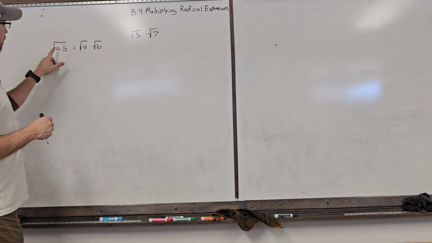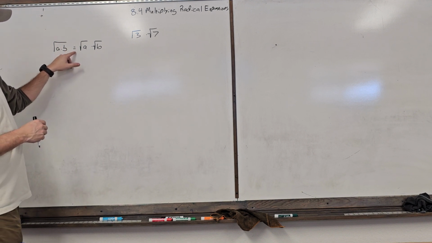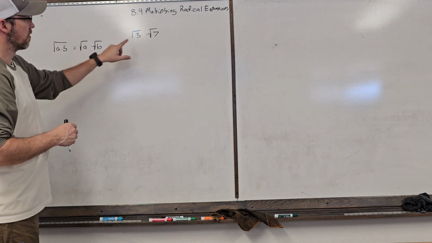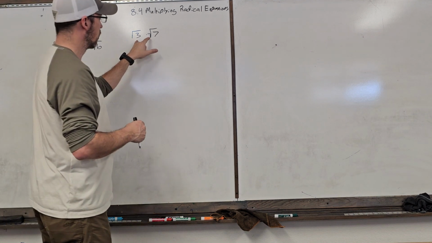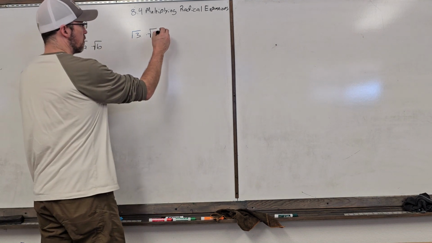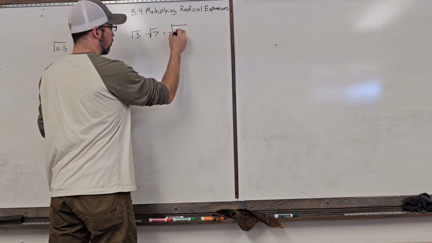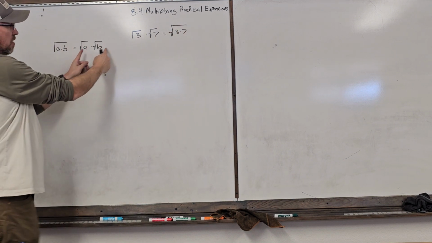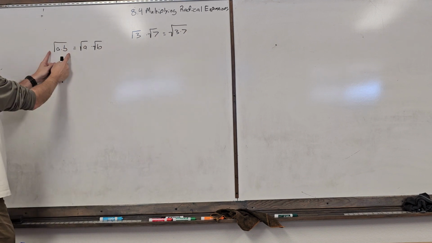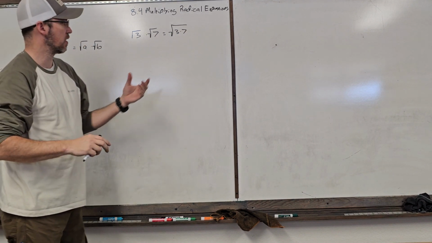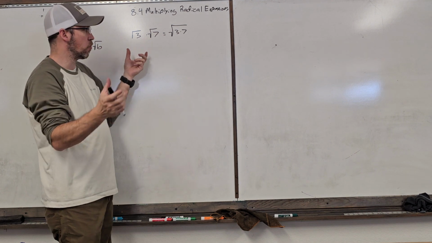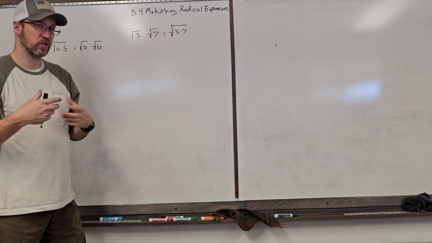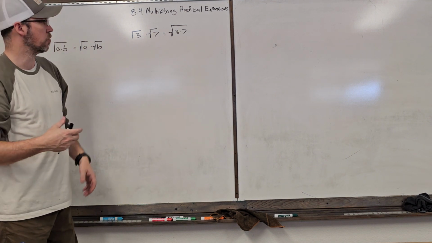So if the square root of a times b is equal to the square root of a times the square root of b, then the square root of 3 times the square root of 7 can be brought under one radical. Because they're equal, I can break them apart if it benefits me, or bring them together if it benefits me. Whichever one helps me the most is what I'm going to do.